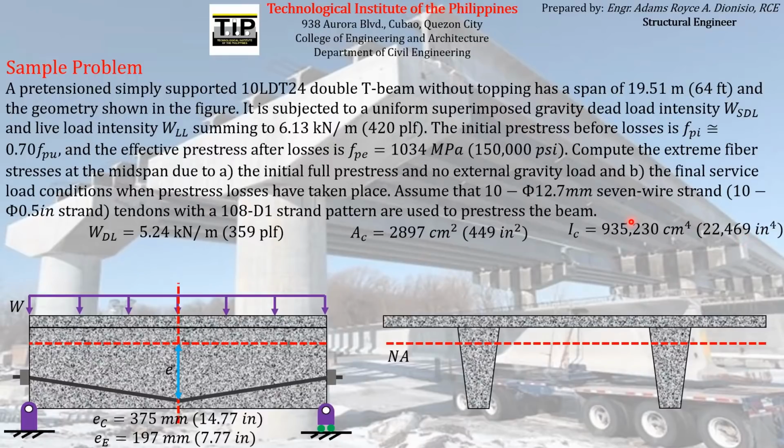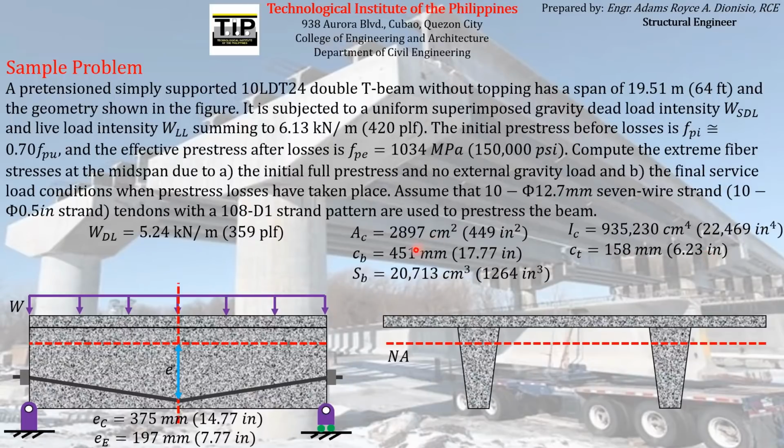And then the C with respect to the bottom fiber is equal to 451 mm or 17.77 inches. So the distance from the neutral axis to the extreme bottom fiber at midspan is 451 mm or 17.77 inches. And the distance from the neutral axis to the top fiber is 158 mm or 6.23 inches.